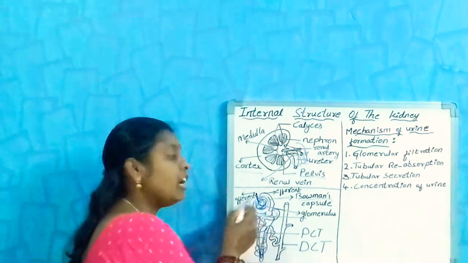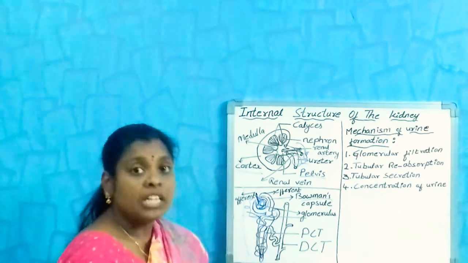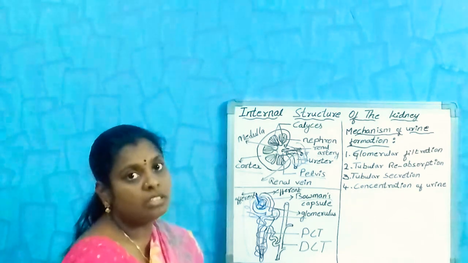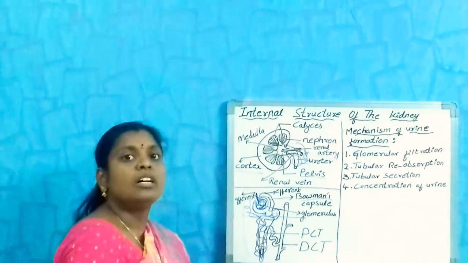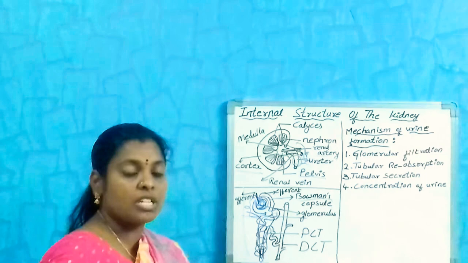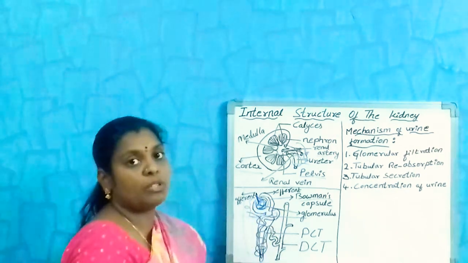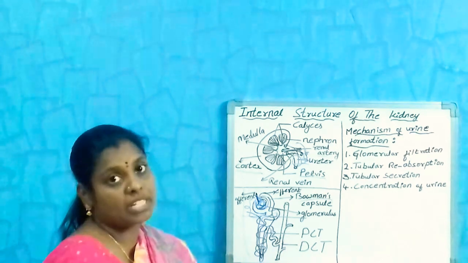Here some amount of filtration takes place. It consists of the same concentration of substances as are present in the blood. So here the liquid portion and the solid particles are separated.